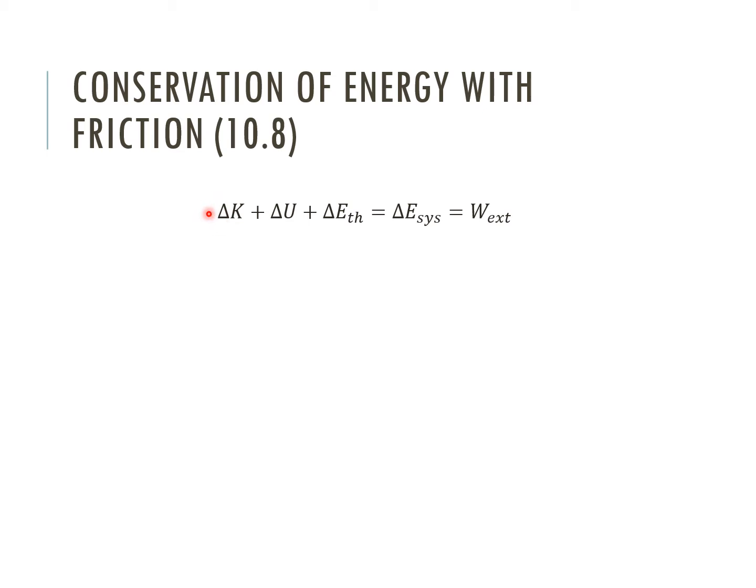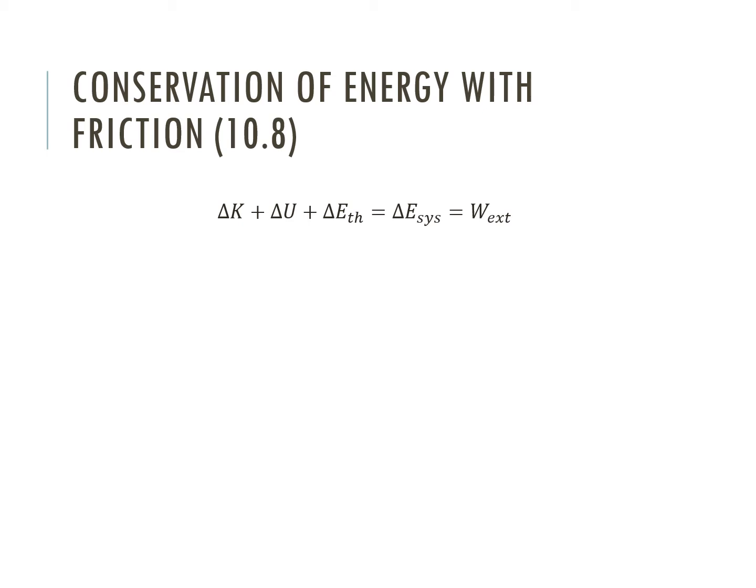So we have the change in kinetic energy plus the change in potential energy plus the change in thermal energy is equal to the change in the system, which is equal to the external work being done on the system. Now, as I previously mentioned, we're not really going to be dealing with external work, right?